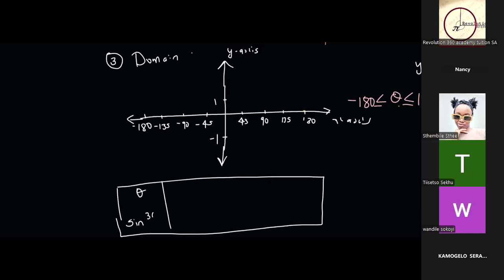Then since you've used the step of 45, we'll start at minus 180, followed by minus 135, minus 90, minus 45, 0, 45, 90, 135, as well as 180.